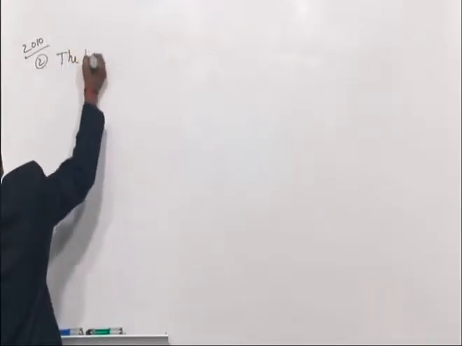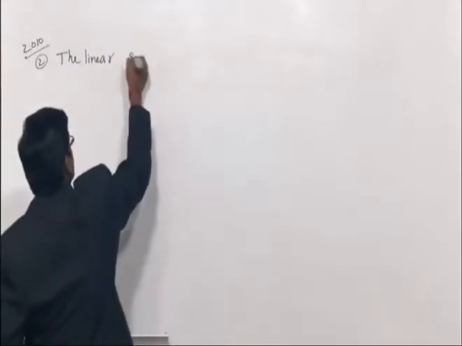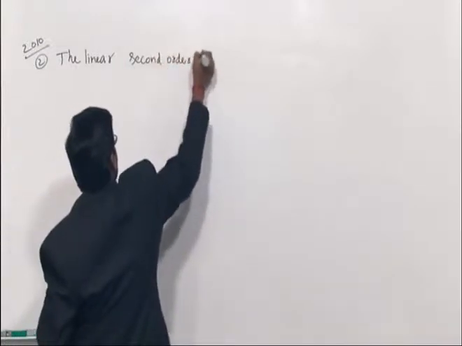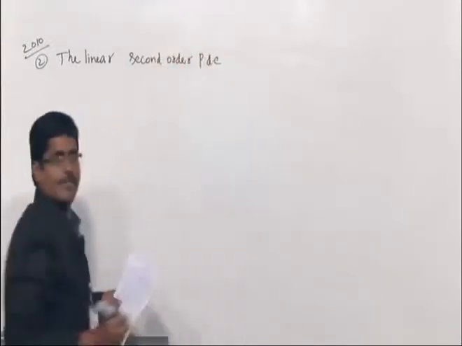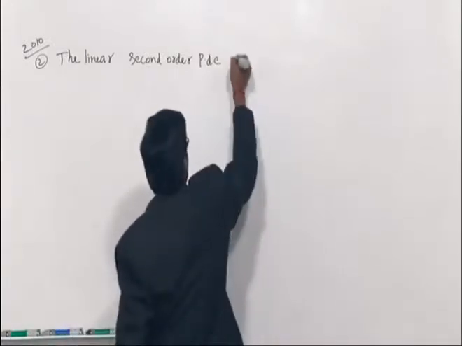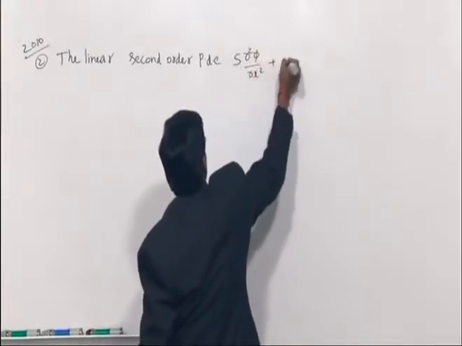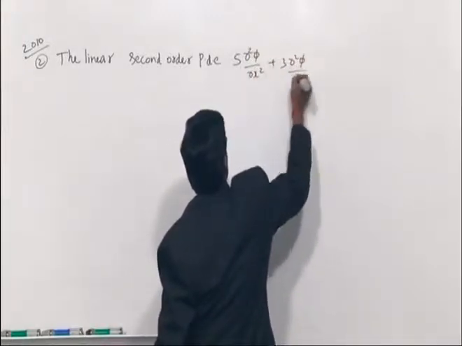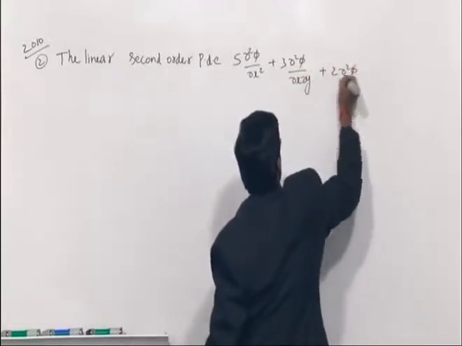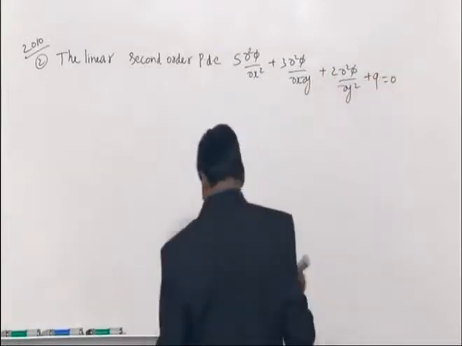The linear second order PDE 5 del square phi by del x square plus 3 del square phi by del x del y plus 2 del square phi by del y square plus 9 is equal to 0.